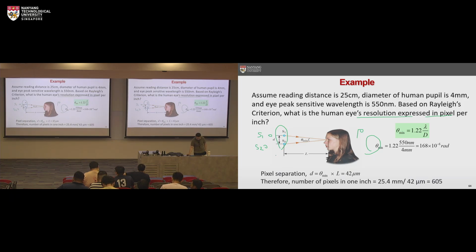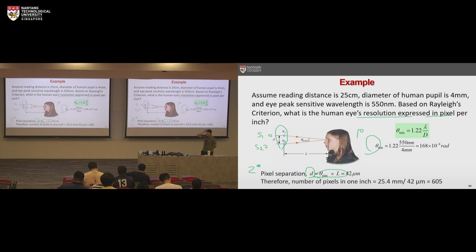Okay, now the second step, which is quite important. In reality, if I'm asking you what is the pixel separation, which means what is the distance between S1 and S2, then you need to find out by using D equals theta times L, where theta means the angle and L is the distance.